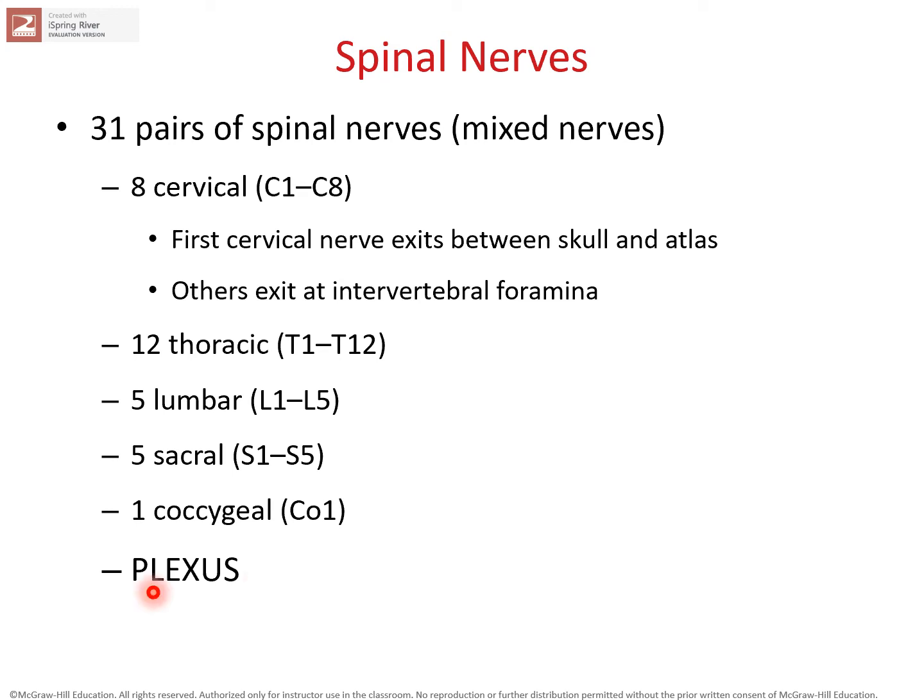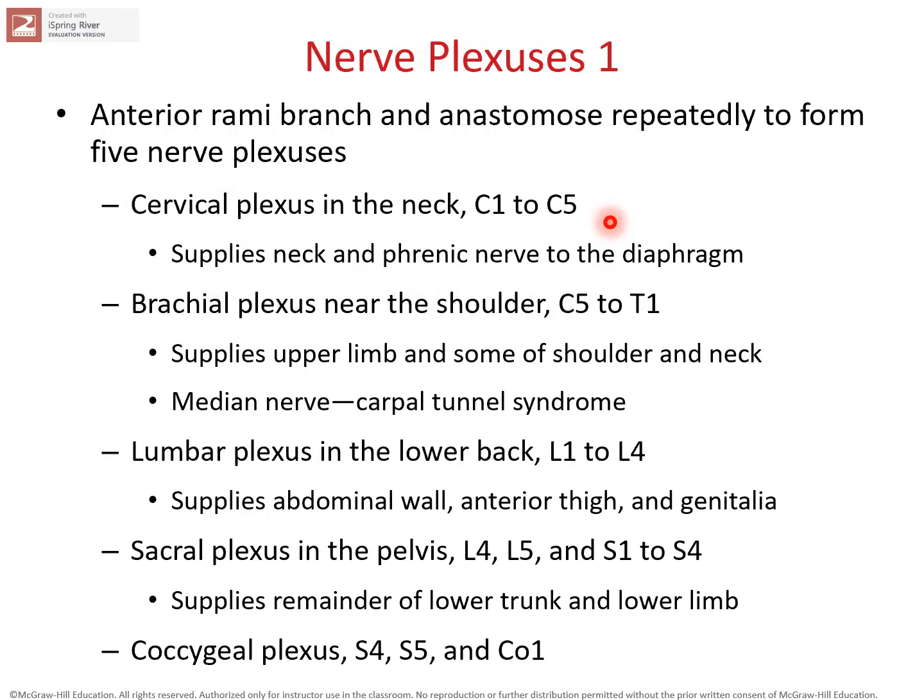I think I got into it too soon, but keep in mind we have so many different plexuses, but it's basically a network of nerves arising from the anterior rami that merge into the blood vessels. Okay, and they're named after the part of the body where they occur and the organs and structures they supply. We're going to look at some nerve plexuses, but just focus on the ones we cover.